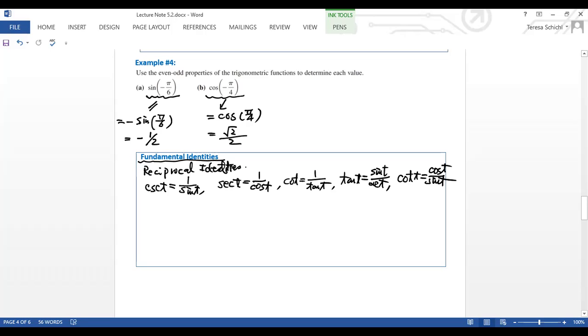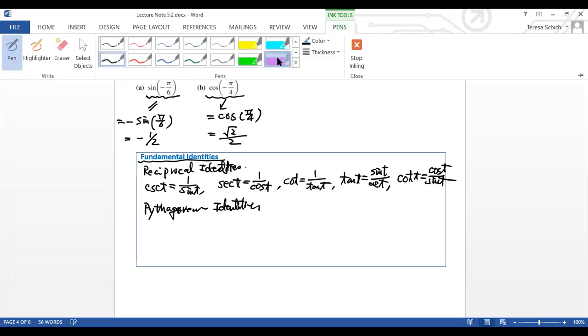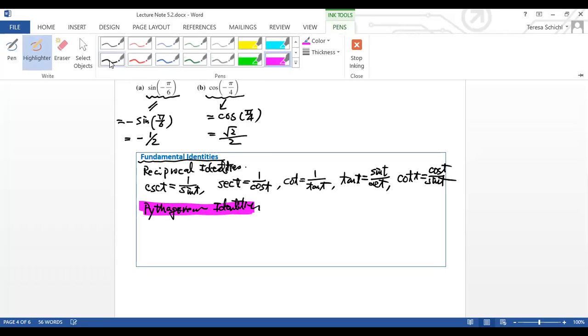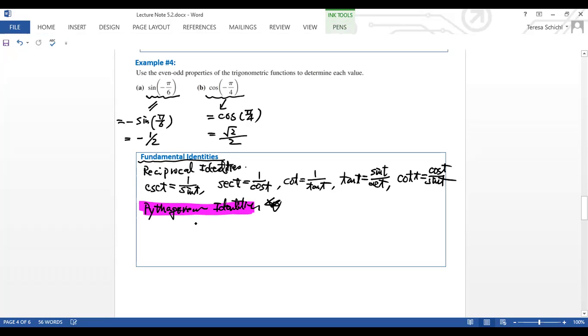So the next one here is a very, very important one. We call it the Pythagorean identity. This is super important, and we use it very frequently. So what is the Pythagorean identity in the trig functions?